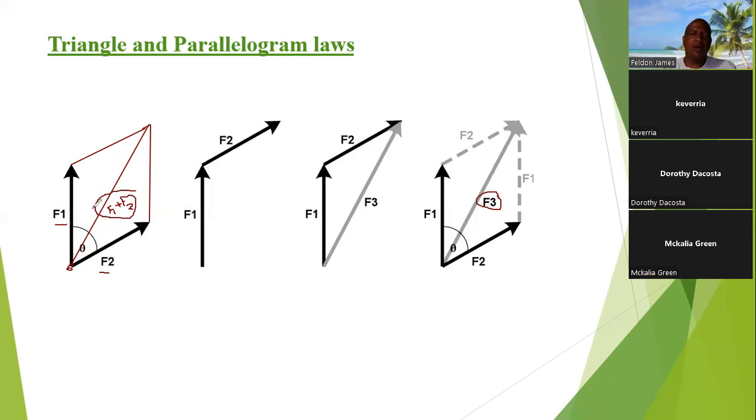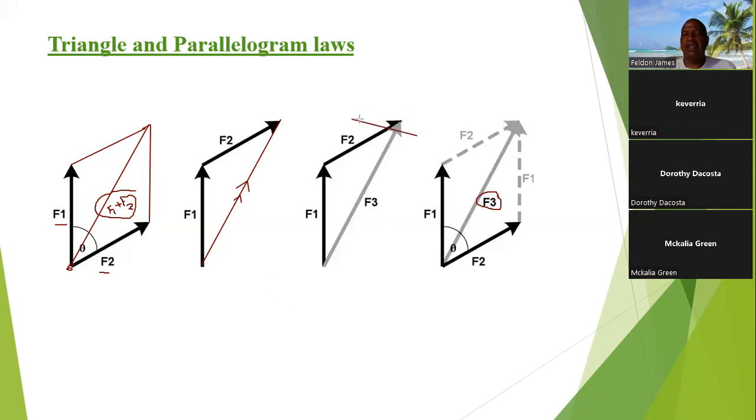All right. Now, if the components are already arranged nose to tail, then you can use the triangle law. All you need to do is start at where the tail is for the two components, and you move up to where the nose is at the last component. And so this becomes the resultant vector. Is that clear, guys?